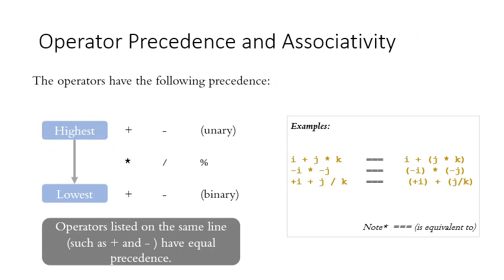The unary plus and minus have the highest precedence, followed by the multiplication, division, and remainder operators. We note that operators on the same line have equal precedence. After those, we have the binary plus and minus, or the addition and subtraction operators.